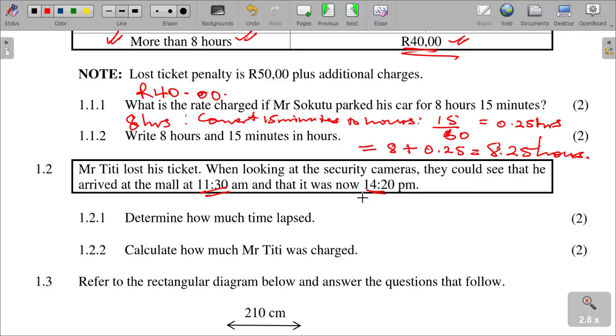So we are saying the departure time is 14:20, and the arrival time was 11:30.